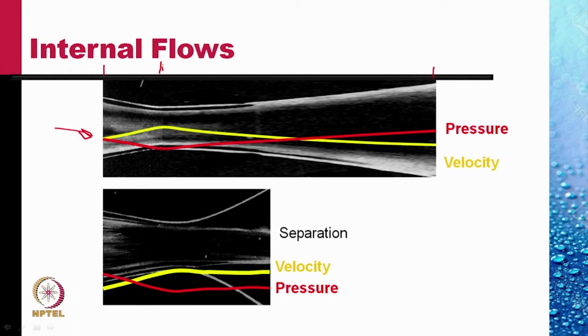As the flow enters from the left, the velocity of the flow must increase, because if we are passing the same flow, as the cross-sectional area decreases up to the throat, the velocity must increase. The yellow line shows the variation of velocity. Then in the diverging portion, the velocity decreases again.